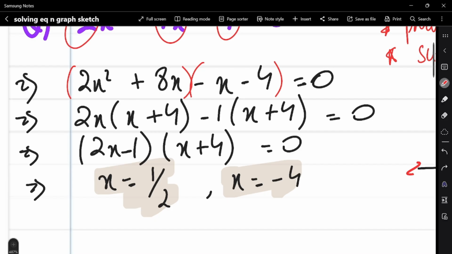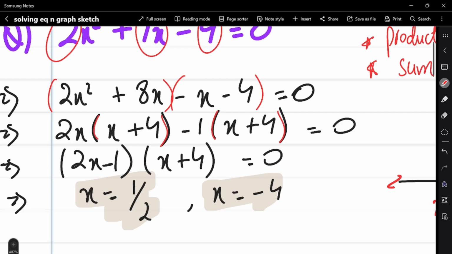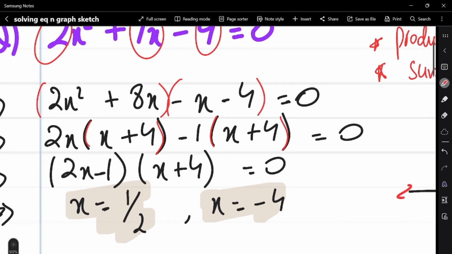Now the goal is that if you're doing the middle term break correctly, the factor which you receive here should be the same as what you receive in the second part of the equation. It must be your goal to achieve the same factors in both parts of the equation. We know that minus x minus 4 has nothing common except the minus sign.